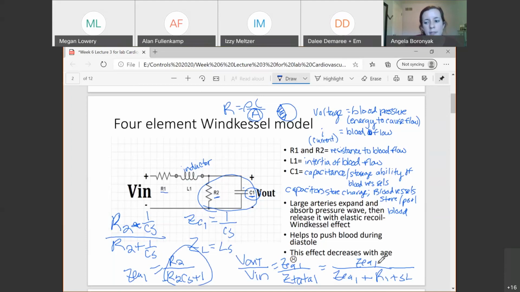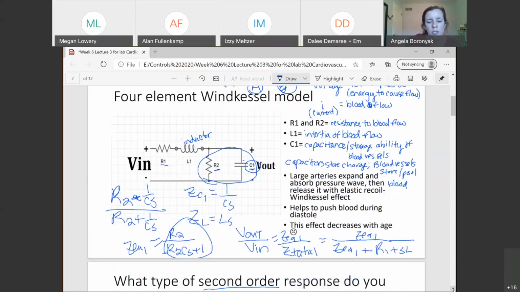As a hint, you should end up with your total transfer function as a second order system, which means on your denominator, you should have S squared times something plus something times S plus something times S to the zero. And those variables, because I want you to leave them as variables in terms of R1, R2, L, and C1, are what we're going to type into LabVIEW to program this transfer function.